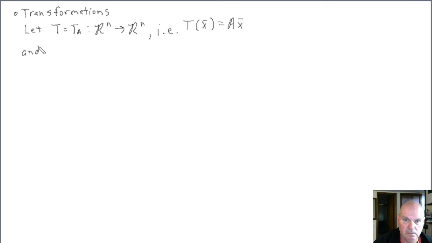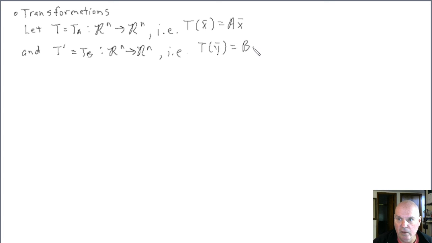And let another transformation, call it T prime, equal TB, also be a mapping that maps a vector from Rn into Rn, and of course, we'll say y is another vector, and we can represent that as By.